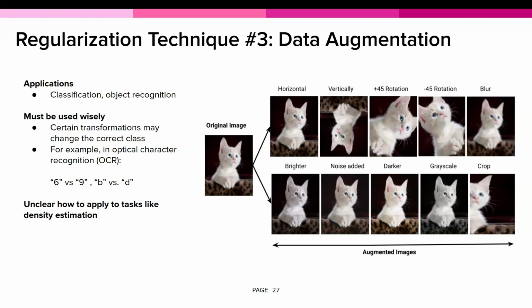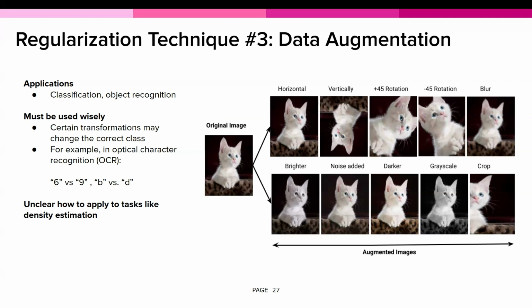There are certain tasks for which it's even less clear how to do data augmentation correctly. For example, for a task like density estimation, where you don't even know the distribution of the data that you're working with, it's unclear how to apply data augmentation, because you really need to know something about the distribution in order to augment it appropriately.